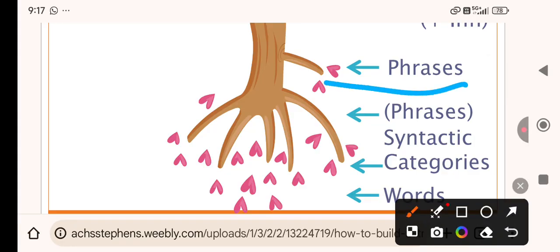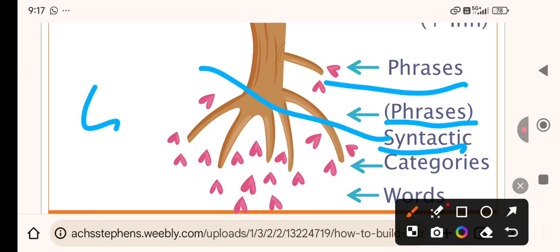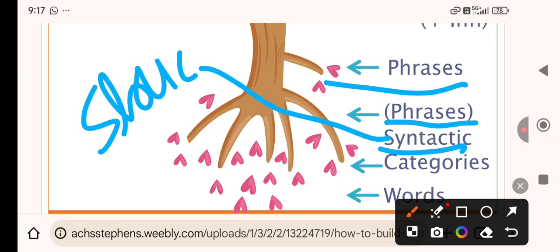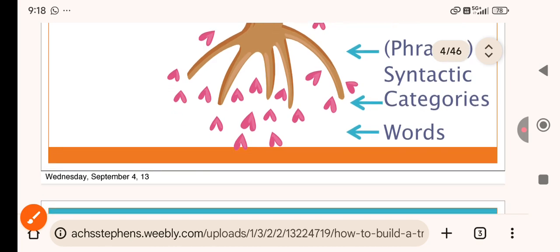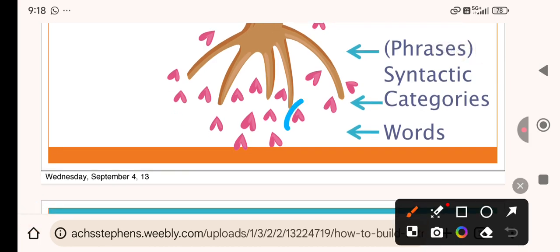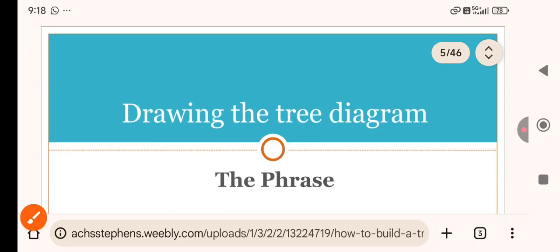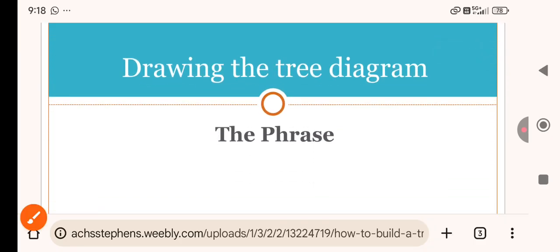Then the phrase has syntactic structure. Syntactic means structure, right? Then categories, and then these are the words.